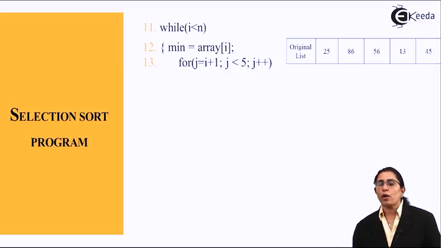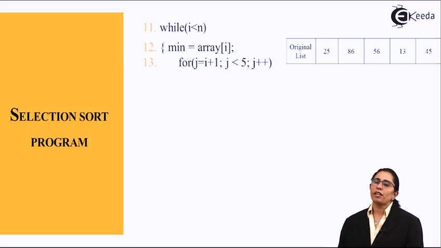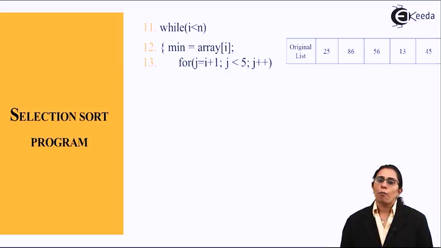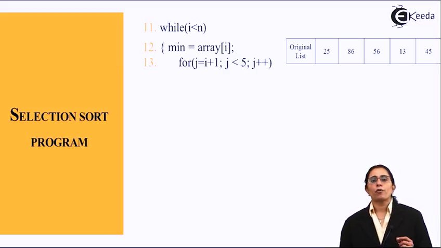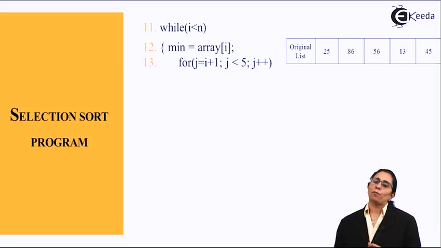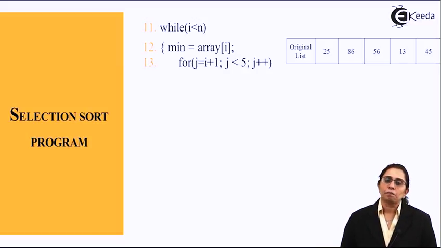This can be changed to n, but for my example, as we have only 5 elements, I have put it as 5. But for my program to have a more practical implementation, the limit of j should be considered as n.